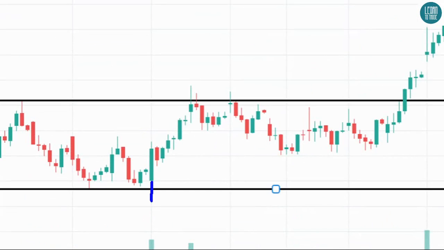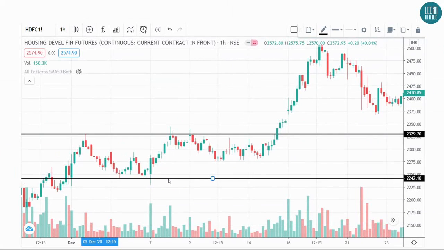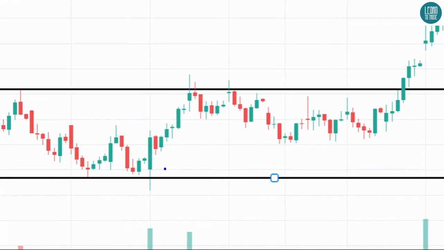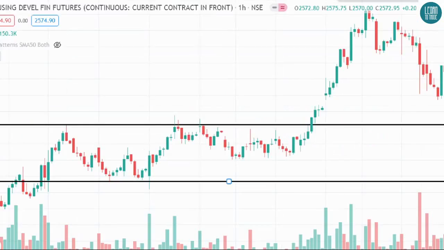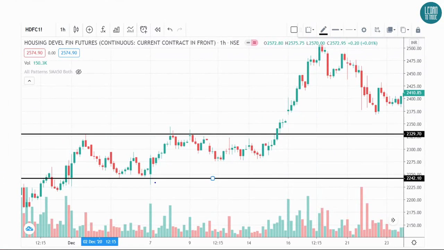Price is moving below this range, but remember, what we are getting here is again a bullish candle with a tail, and price closing near the high of the candle in an hourly time frame. Again bullish.